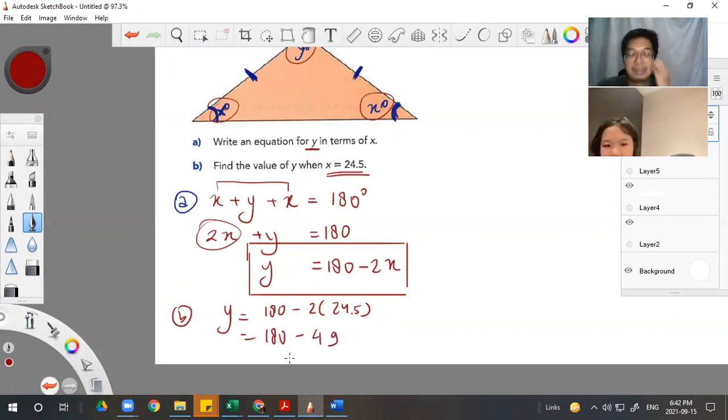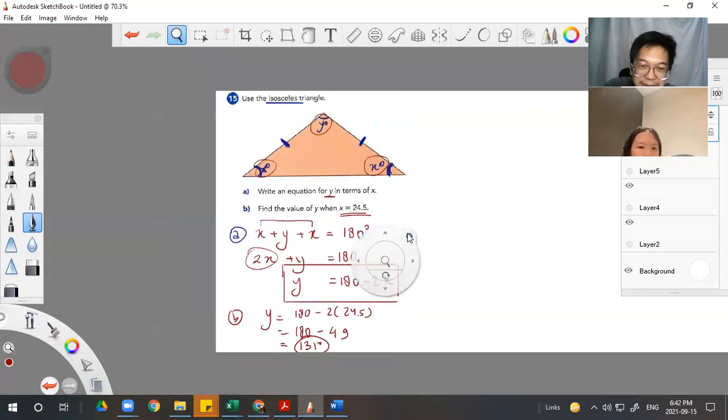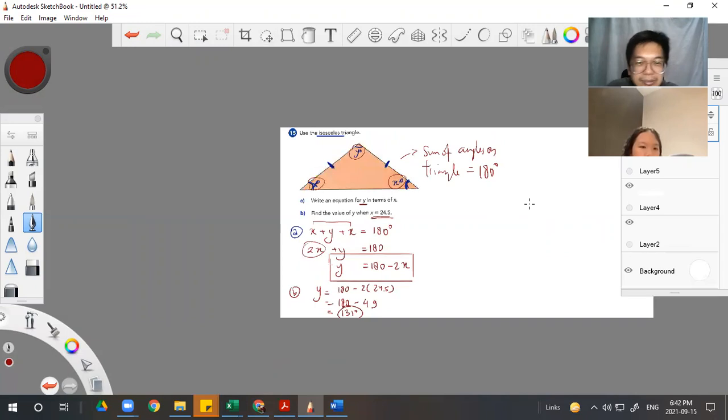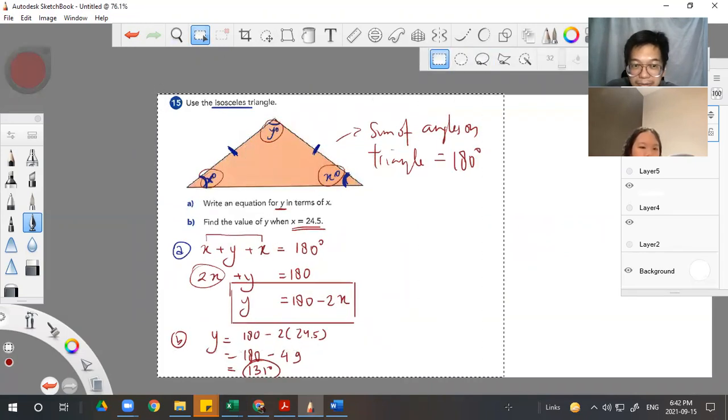You may calculate without a calculator, but with a calculator is better, to avoid any mistakes. So 131 degrees, that's it. What to know in this triangle? The basic understanding: the sum of angles on a triangle is equal to 180 for any kind of triangle. So this will be your word problem solving.